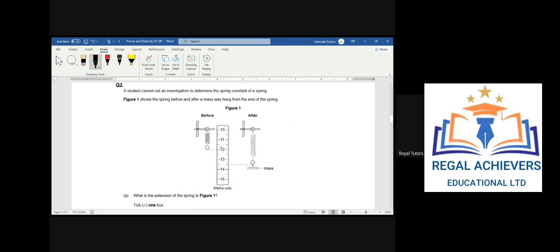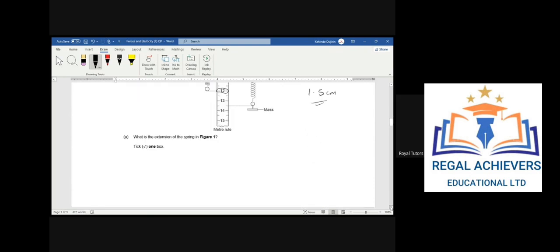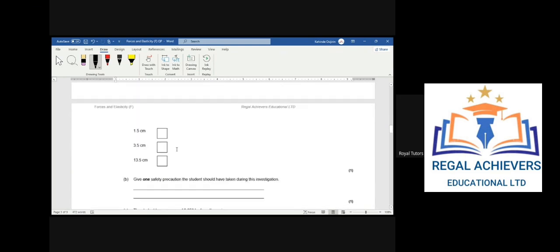And after that should be 13.5. So you find the difference, 13.5 minus 12.0, and that will give you 1.5 centimeter. It's as simple as that. So that's the one you are expected to take from that particular question.